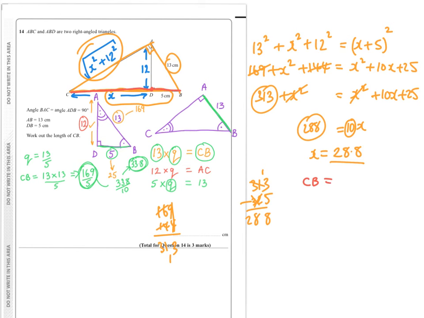So CB would be 5 plus 28.8, which is 33.8.